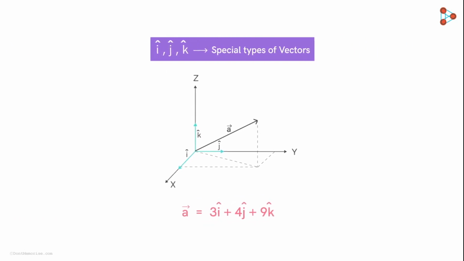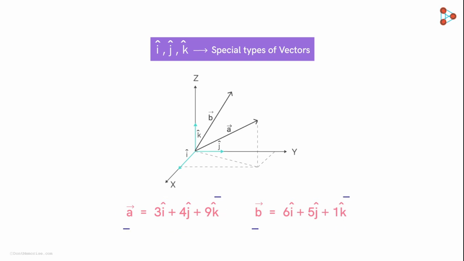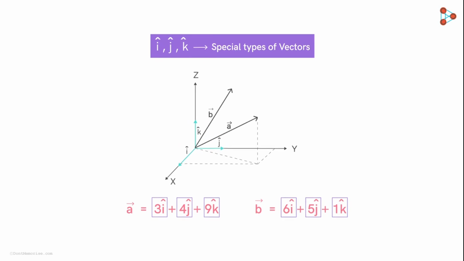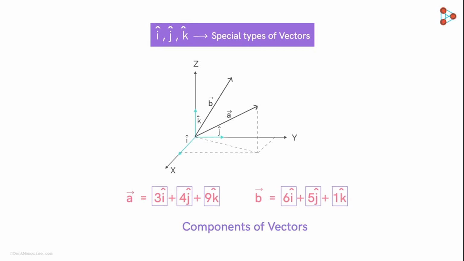For example, consider another vector B in three-dimensional space decomposed as this. Basically, we can say that these two examples tell us that any vector in a 3D space is just made up of these three vectors. Here, these individual vectors are called the components of the vector.